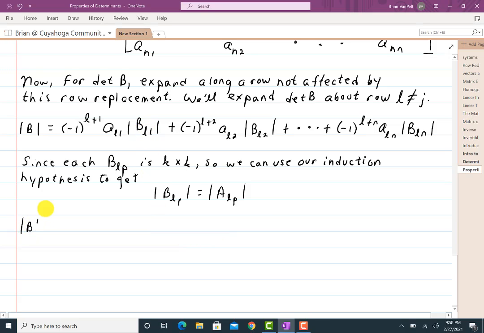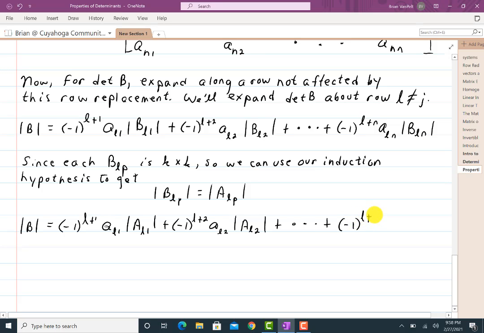So the determinant of B is (-1)^(L+1) A_L1 times the determinant of A_L1, plus (-1)^(L+2) A_L2 times the determinant of A_L2, plus ... plus (-1)^(L+n) A_Ln times the determinant of A_Ln.